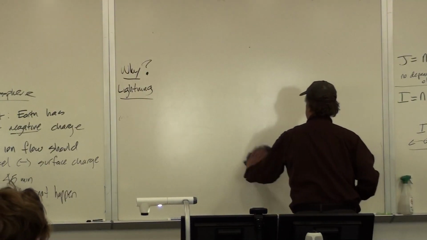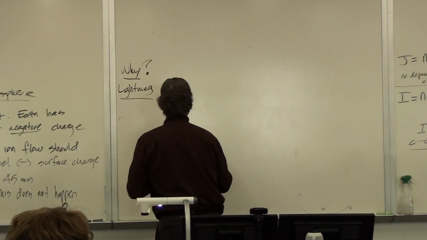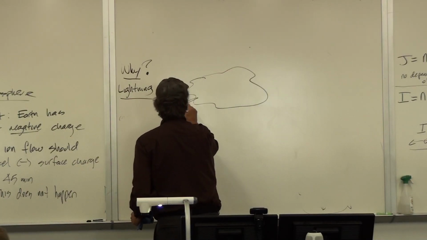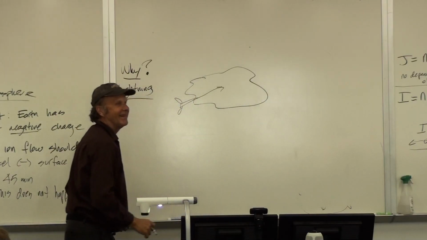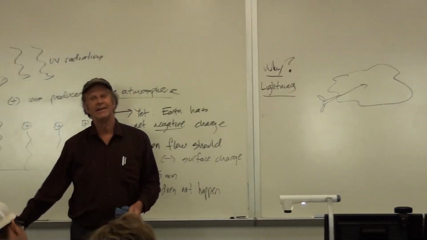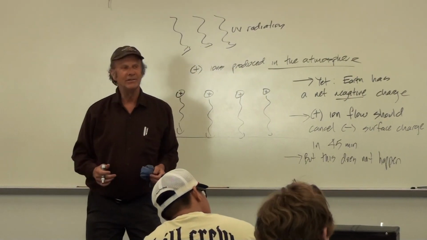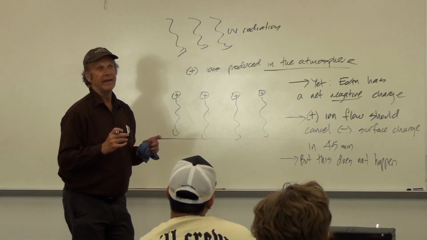So what's happening when this occurs? Well, a number of things can happen. One of the problems with knowing exactly what happens is that you've got to fly through one of these clouds while it's producing lightning in order to take measurements. But by doing that, the plane itself becomes like a lightning rod.